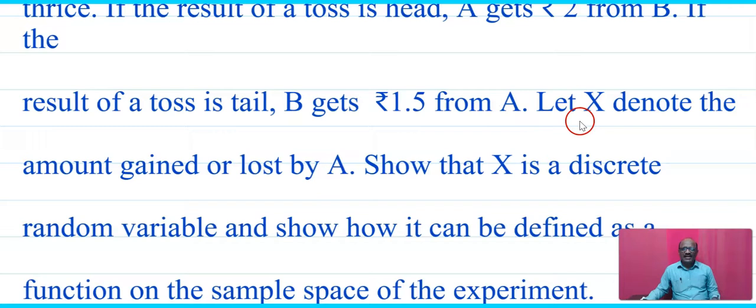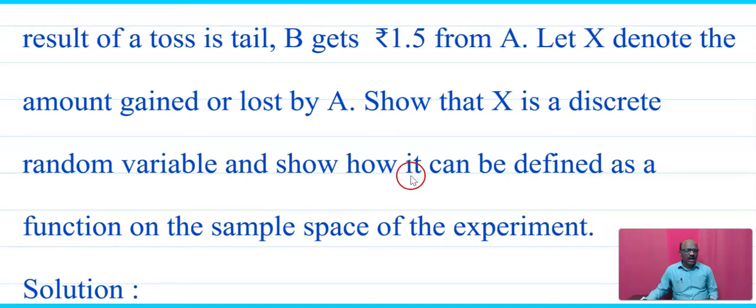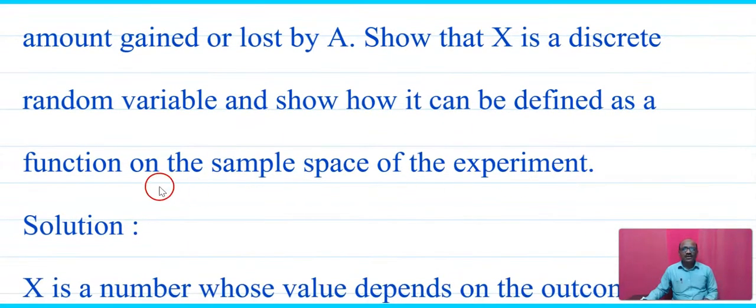Now let X denote the amount gained or lost by A. Show that X is a discrete random variable and show how it can be defined as a function on the sample space of the experiment.